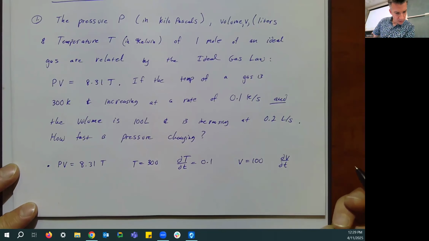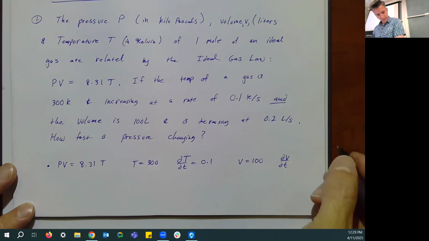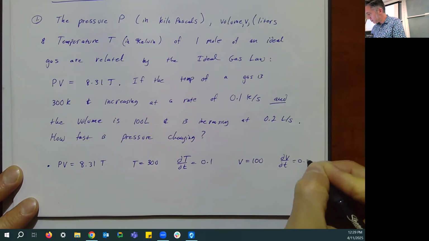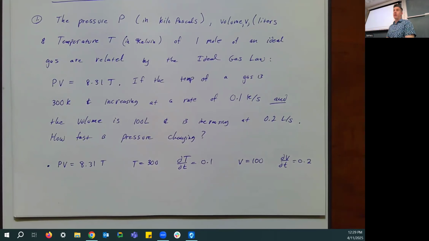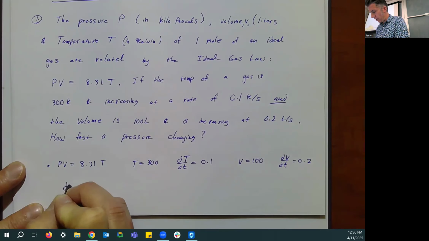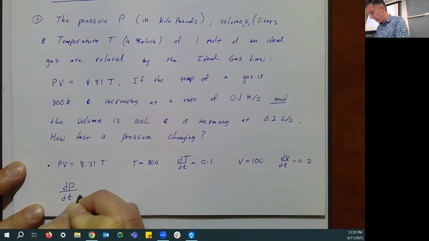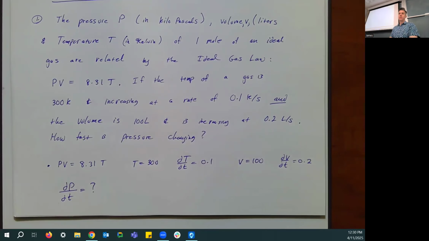Let me just make sure. Yep, increasing. That's the pertinent information. And then they're asking us how the pressure is changing. So we would say, oh, cool, they're asking us to find the rate of change of the pressure. That's the whole setup.